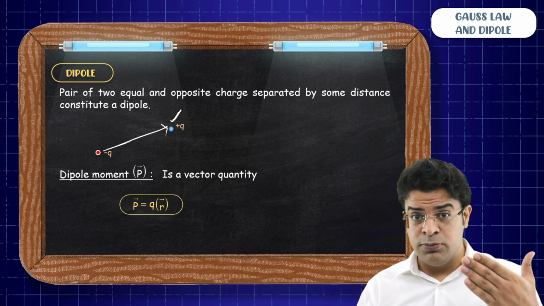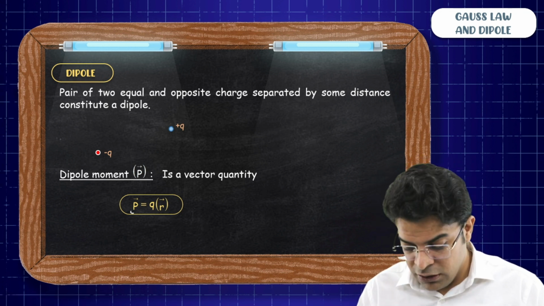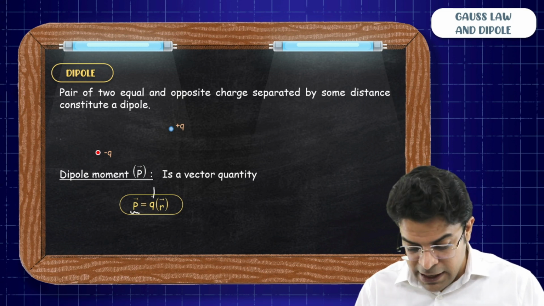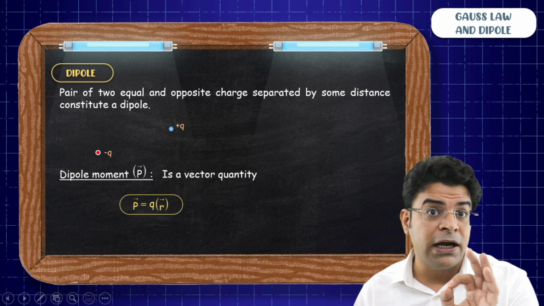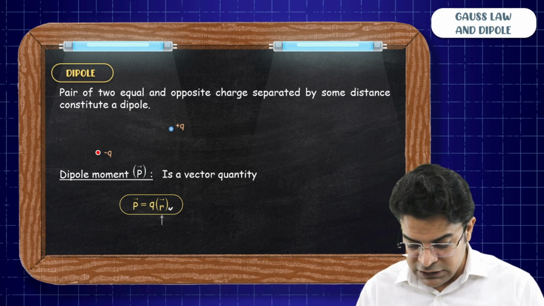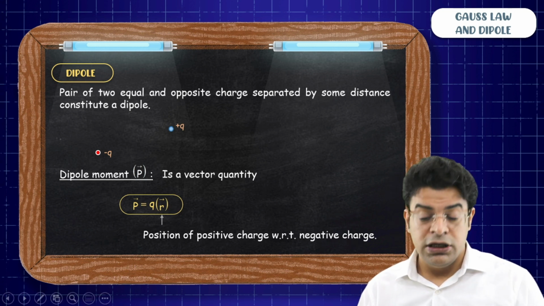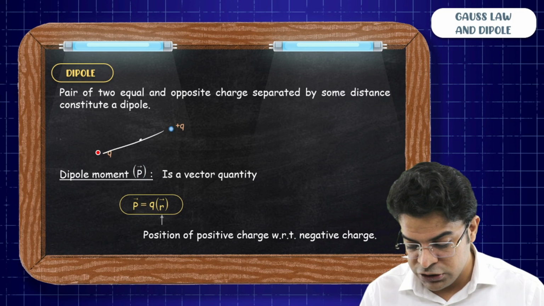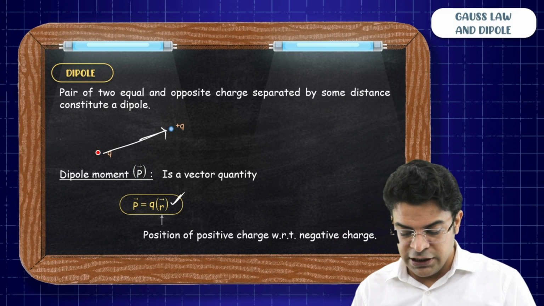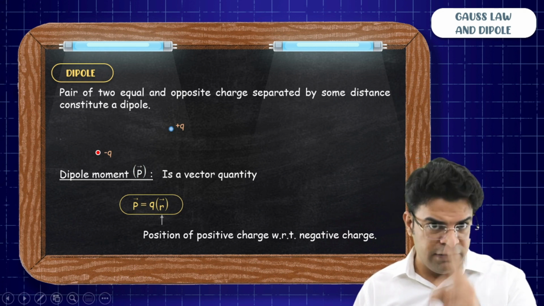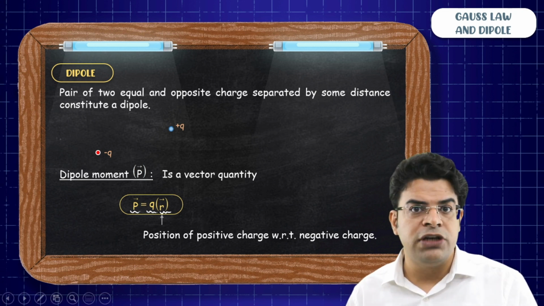So in physics, when writing dipole moment, you take the magnitude of charge times the position vector of positive charge with respect to negative charge, from the negative charge towards the positive charge. Keep this in mind. Dipole moment is a vector quantity equal to charge times the position vector of positive charge with respect to negative charge.